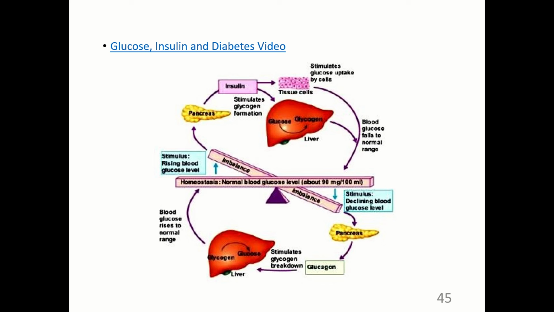The glycogen will release glucose molecules into the blood, and that will raise the blood glucose levels back up to 90 milligrams per deciliter, or per 100 milliliters, my apologies. If this system fails, it can lead to the disease diabetes.